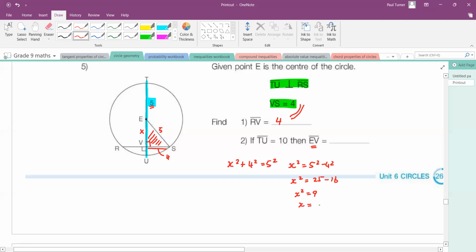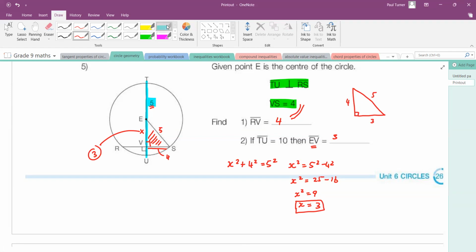So X will be 3. Okay. So that's your typical Pythagorean triple, actually. So this length is 3 for EV. That's a typical triangle, a 3, 4, 5 triangle. So this is a triangle that is probably worthwhile remembering.